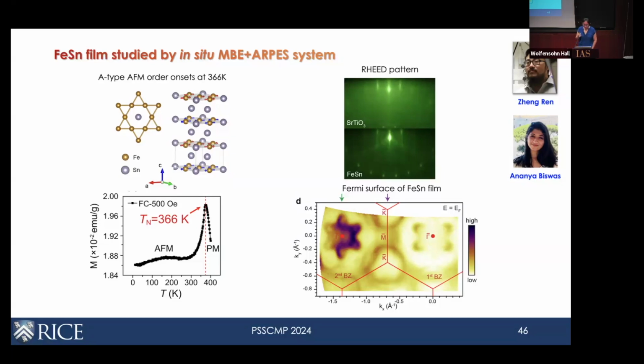To our pleasant surprise, it turns out that these films are very robust. Unlike single crystals, which you cleave and they don't live very long in the chamber, these films can be thermally cycled to high temperature, across the ordering temperature, and then cooled back down, and all the features are still there. So this gives us the first chance to look at the nature of magnetic order in these iron tin films.